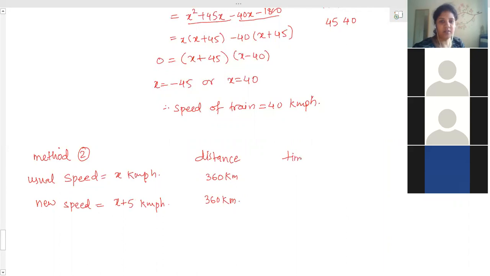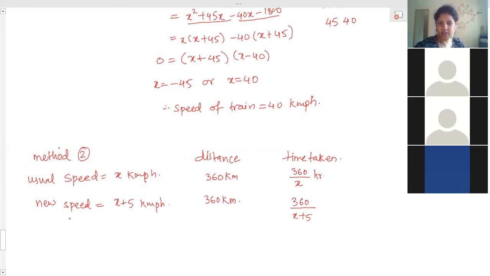Then what is the time taken? Time is equal to distance by speed. So the usual time taken is 360 by x hours, and the new time taken is 360 by x plus 5. Now what they have told is, now it will take 1 hour less.